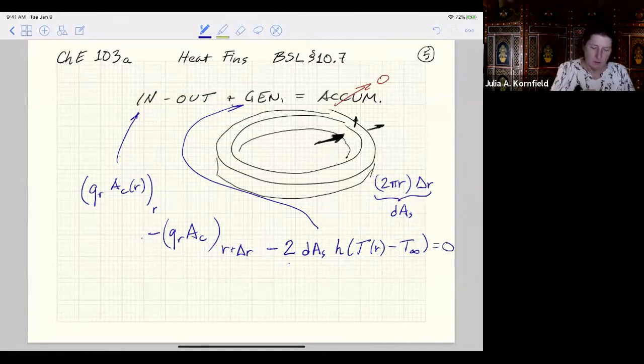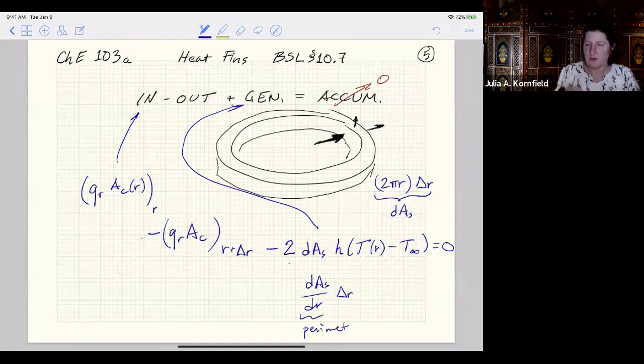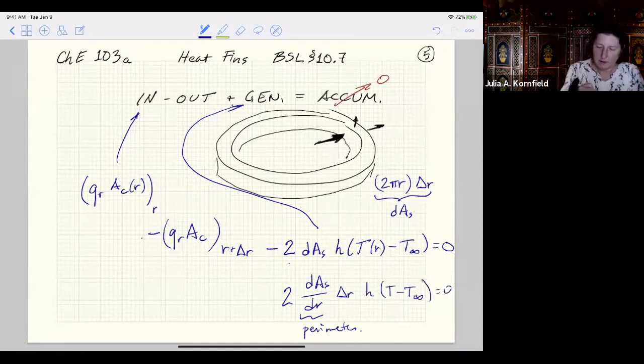Okay. So let's see here. So if we take dAs/dr times delta r, so this is another way to look at the perimeter, and this is the notation used in the handout section 3, then it will allow us to divide through by delta r and take the limit as delta r goes to 0.